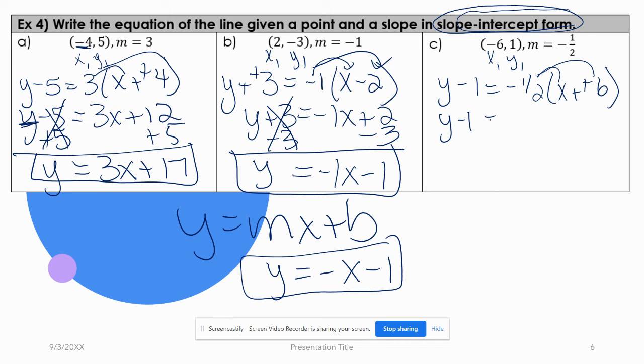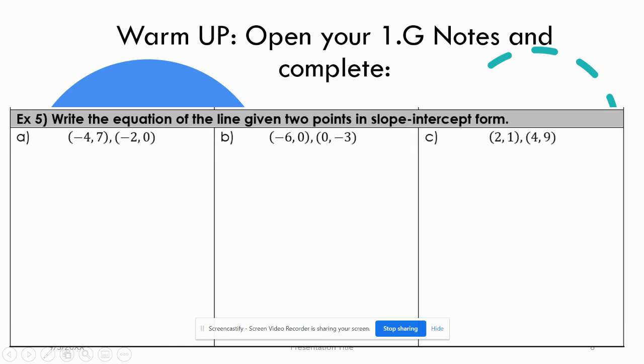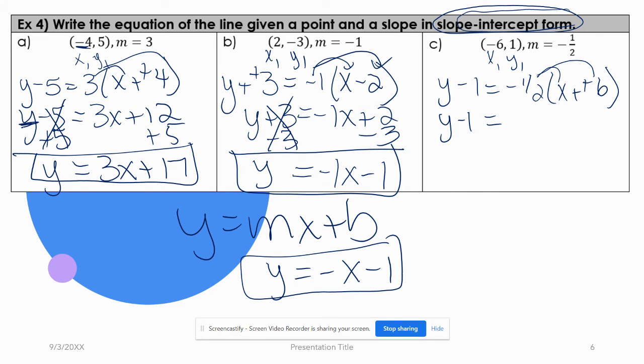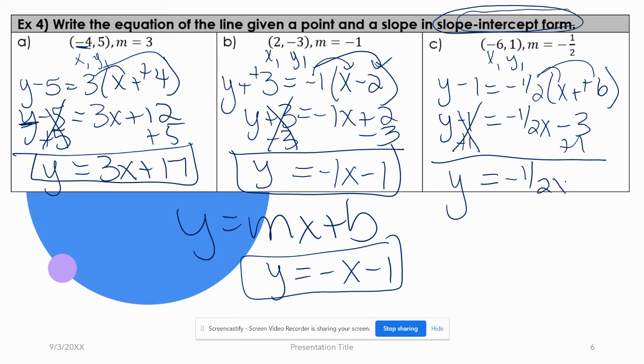We have y minus 1 is equal to negative 1/2 times x, which is negative 1/2 x. And then half of 6 is 3, and a negative times a positive is a negative, so that's a negative 3 there. We finish getting y by itself by adding 1 to both sides. We have y is equal to negative 1/2 x minus 2.